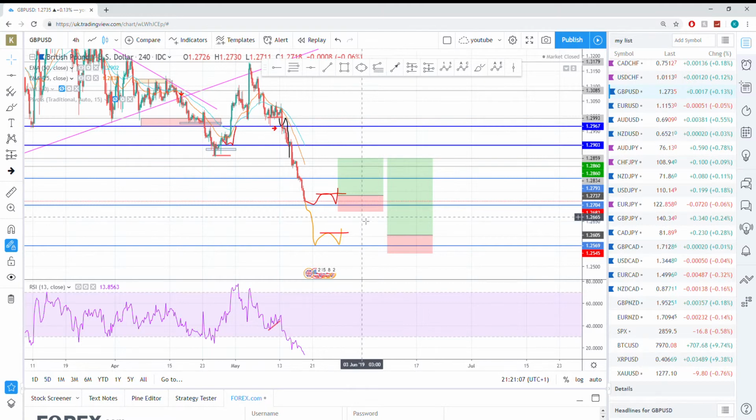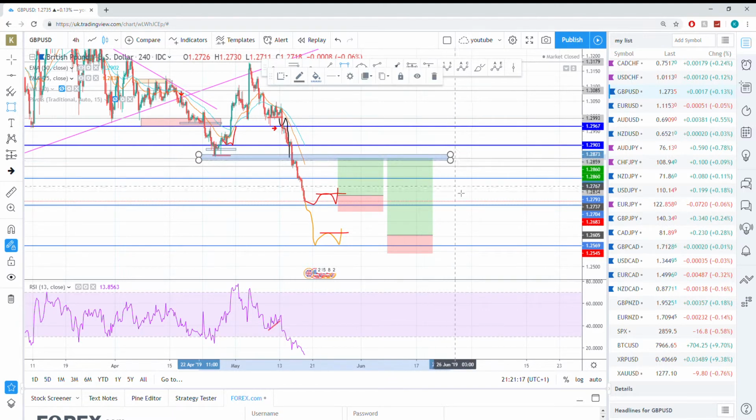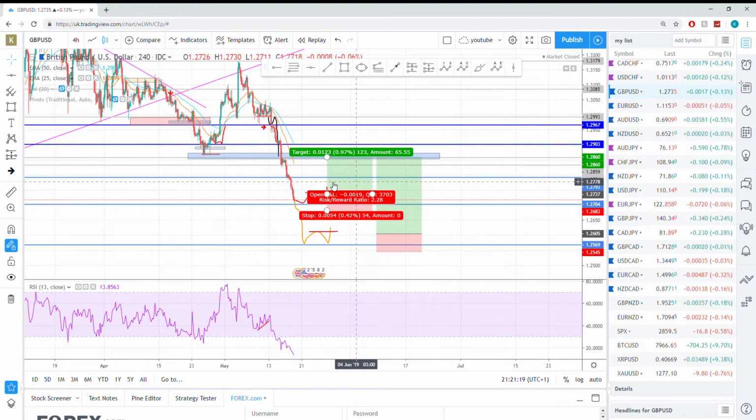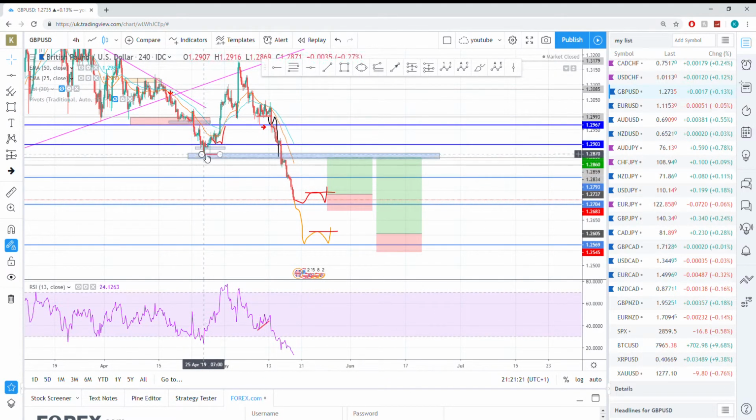So in terms of projections and take profit zones, I would look to aim for around this area here, and the reason being is because this was the previous low, and this overextension could give us the momentum to drive it upwards.